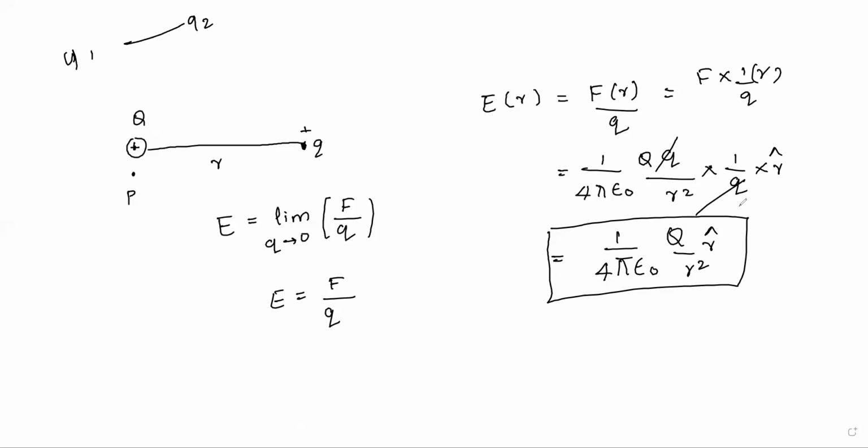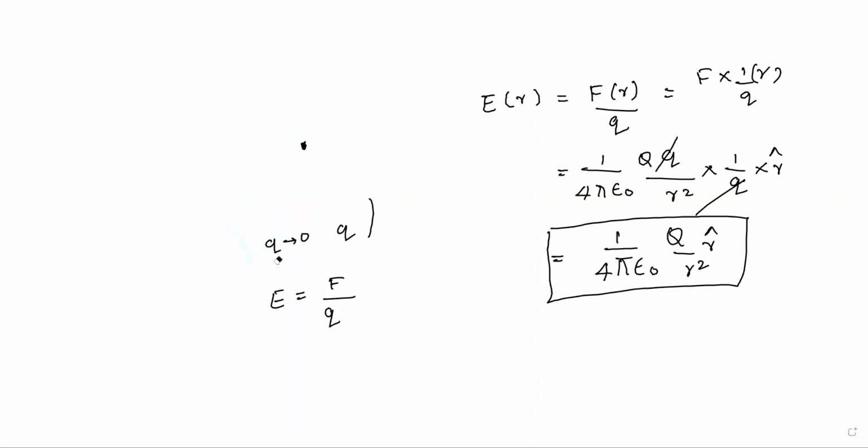Now there is one simple property of electric field. Very simple, understand it. Just a second, I'll draw it. See, if this source charge is positive, and this point charge is also positive, there will be a repulsive force.